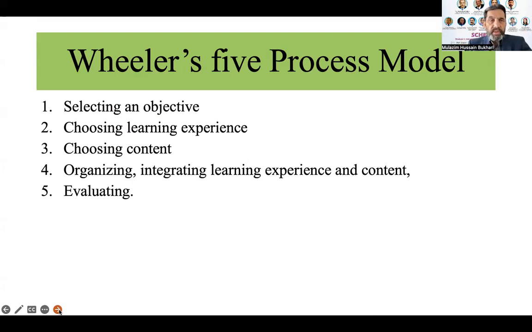So methods, choose learning experiences. Then the contents, then you have to organize the contents for the first year, second year, third year, final year. Which subject you have to teach first and which subject next.